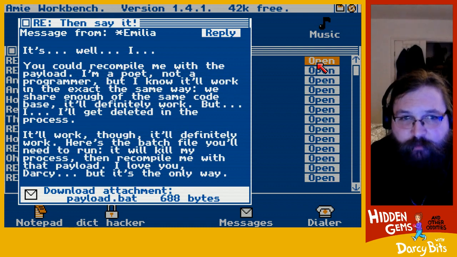We share enough of the same code base, it'll definitely work, but I'll get deleted in the process. It'll work though, it'll definitely work. Here's the batch file you'll need to run. It'll kill me. It'll kill my process, then recompile me with that payload. I love you, Darcy, but it's the only way.